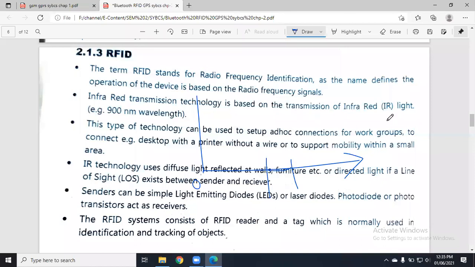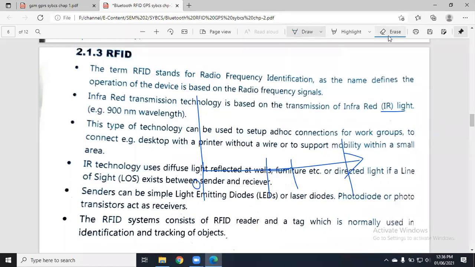Those frequencies are called IR frequencies, infrared frequencies. We studied the electromagnetic spectrum last semester, right? So those frequencies whose wavelength is 900 nanometer are called infrared frequencies, correct?